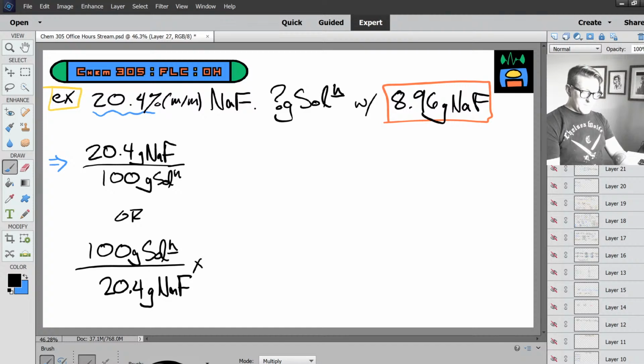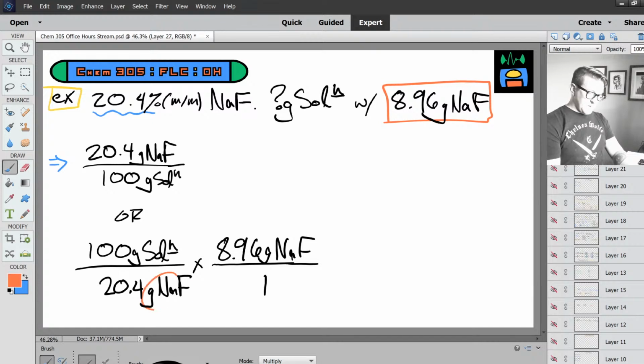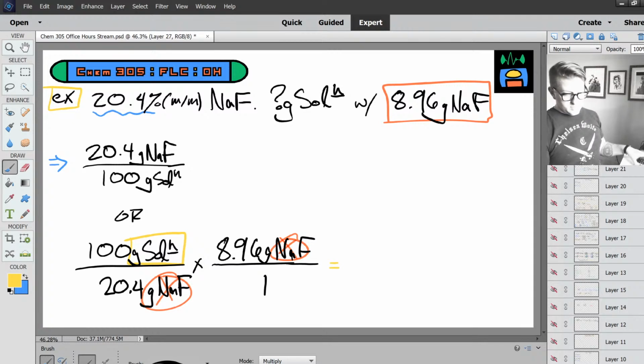If we multiply this second ratio by 8.96 grams of sodium fluoride, right, over 1, grams of sodium fluoride cancels, and what are we left with? The exact unit we want for our answer.